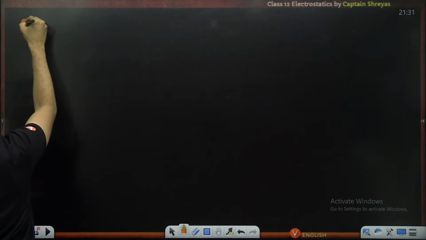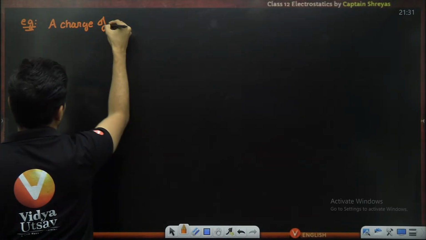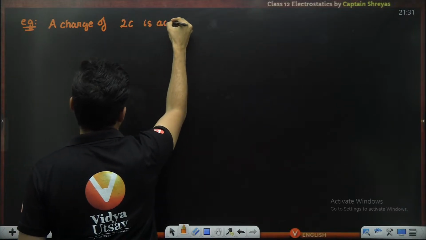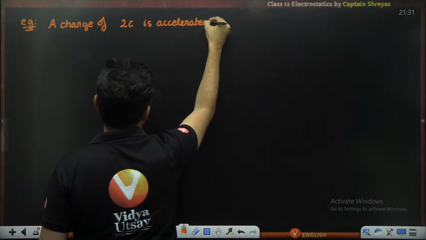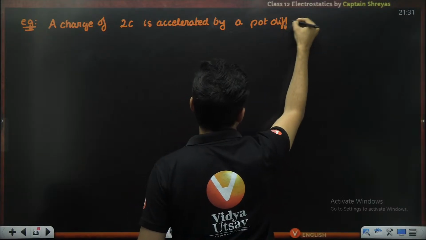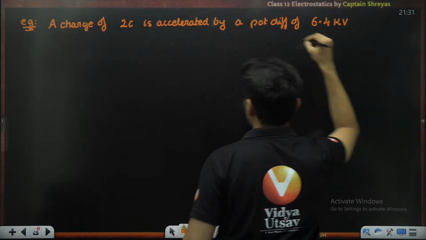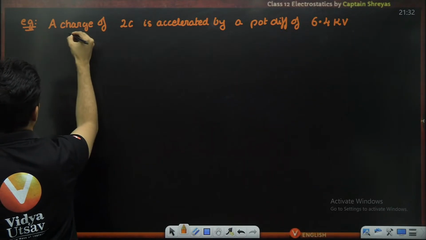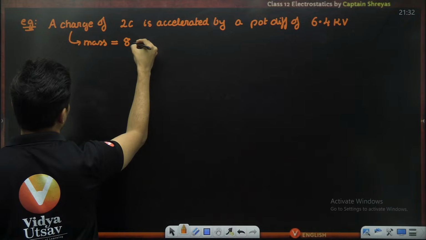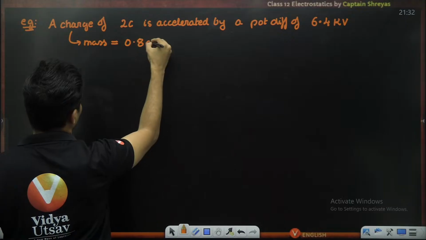It is mentioned, for example, a charge of, let's say, 2 coulombs is accelerated by a potential difference of 6.4 kilovolts, and the mass of that charge is given to be, let's say, 8 grams, or let's say 0.8 gram.